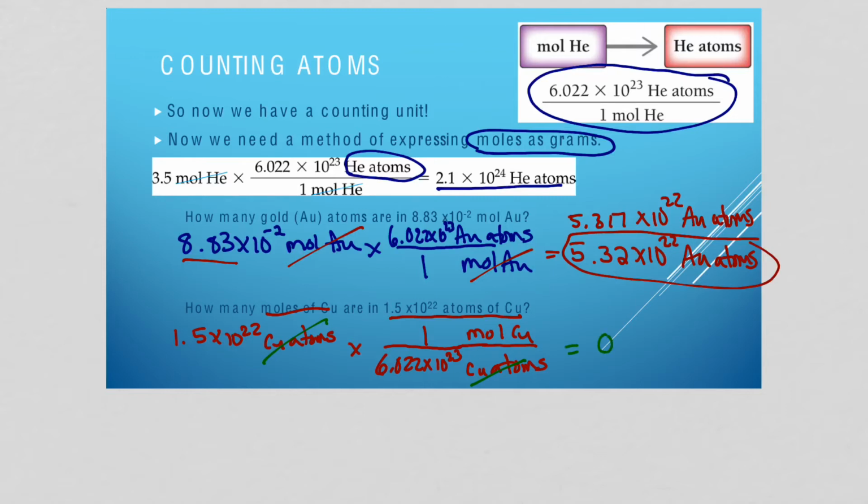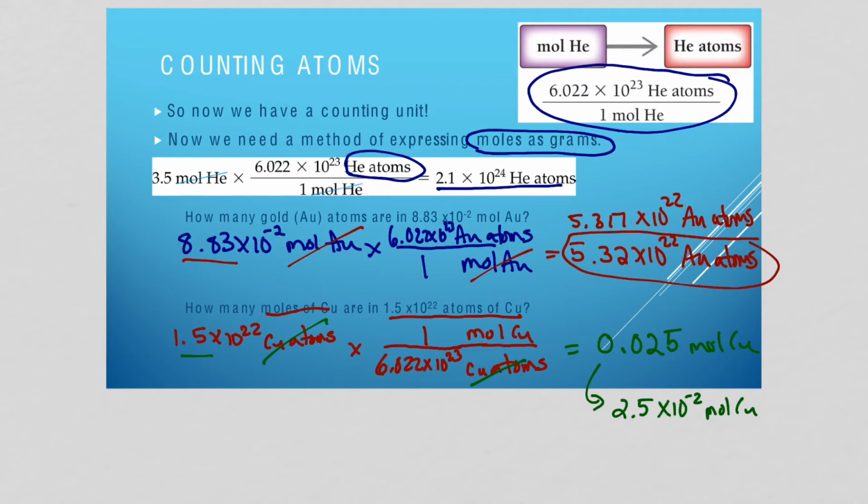If you put them in your calculator, rounding to 2 significant figures, I get 0.025 moles of copper, or you could write this as 2.5 times 10 to the minus second moles of copper in scientific notation.